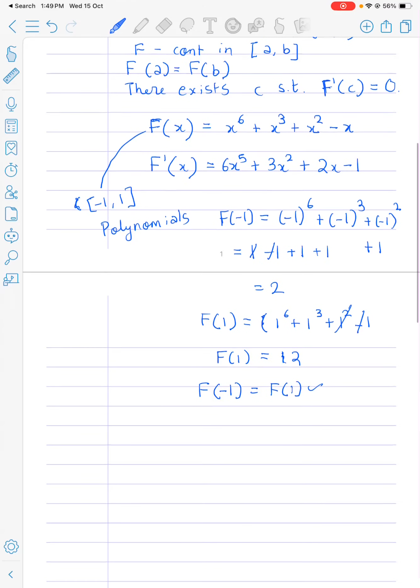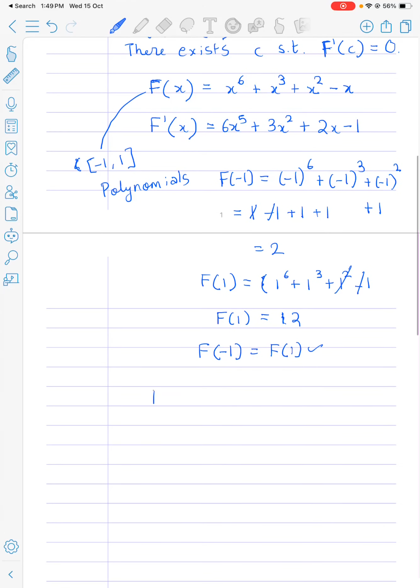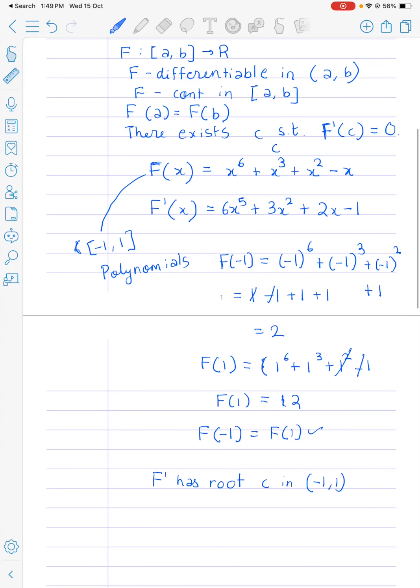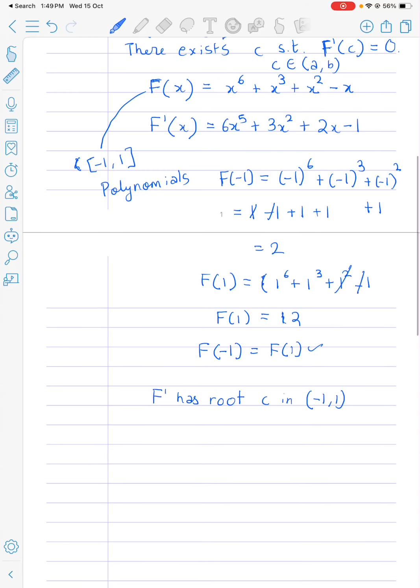So that means F' has a root c in (-1, 1). And I forgot to write a comma b here, and F' is this one, right?